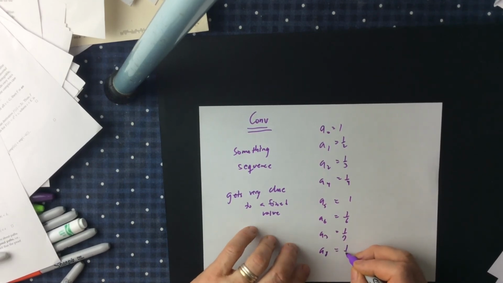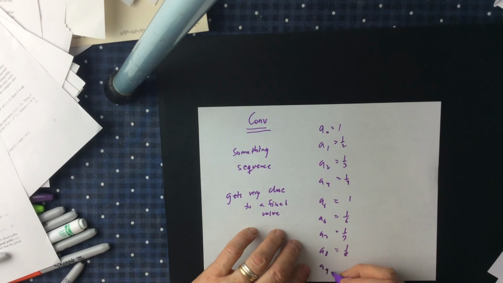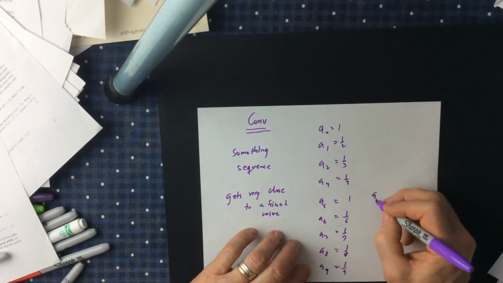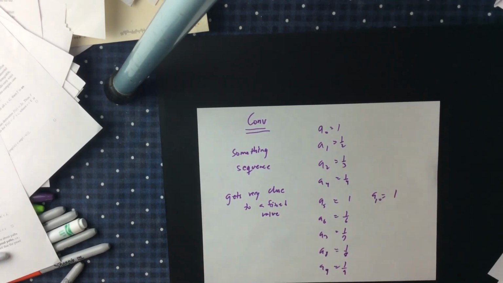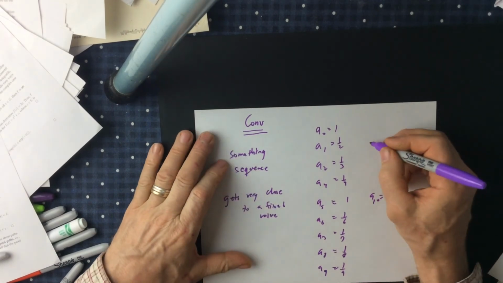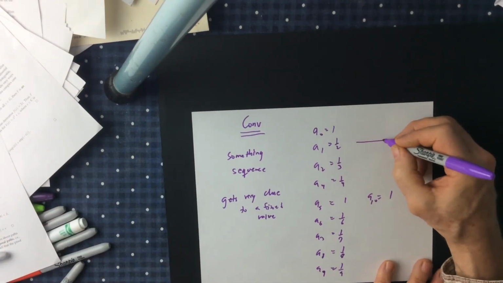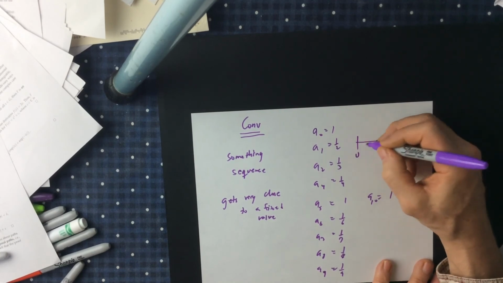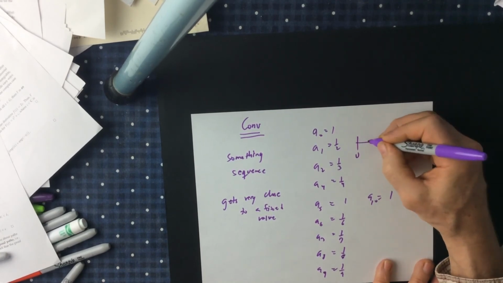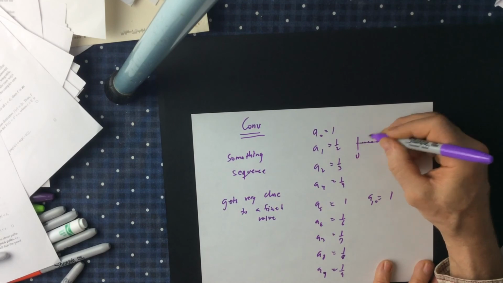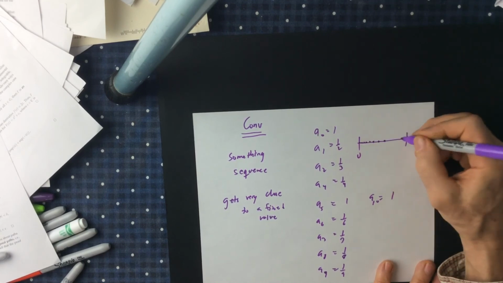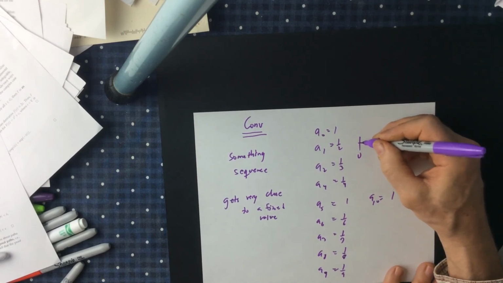A8 equals an eighth. A9 equals a ninth. But A10 goes, oh, back to 1. So if I draw on a real line, I'm doing the following: a half, a third, a fourth, oh, back here, a sixth, a seventh, an eighth, a ninth, oh, back there.